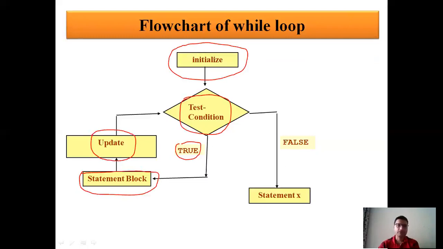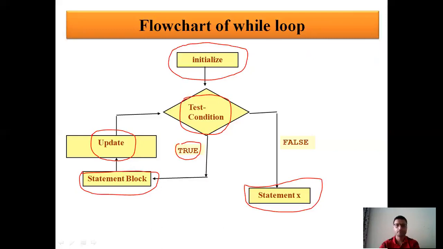And after updation, again it will go to test condition, again it will test the condition, and this whole process is going to repeat until this condition is false. When this condition is false, then we will go out of the loop, and there we may have some other statement.